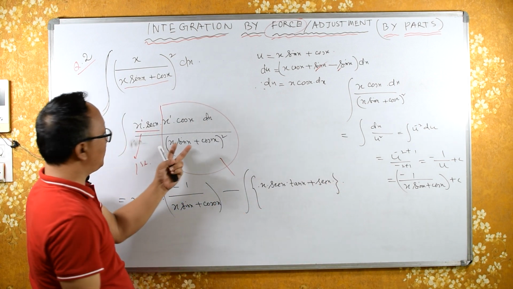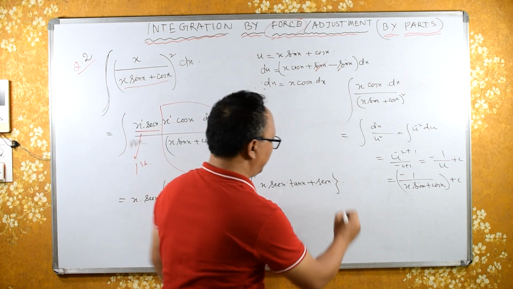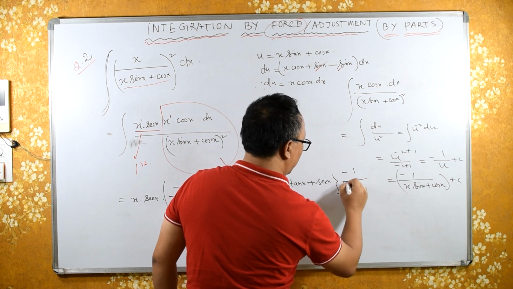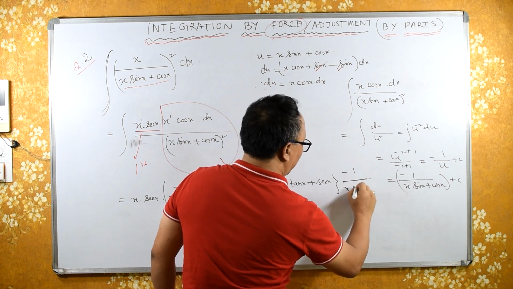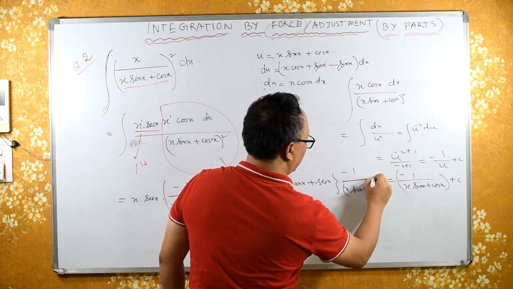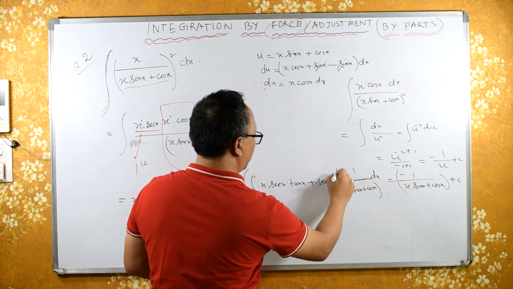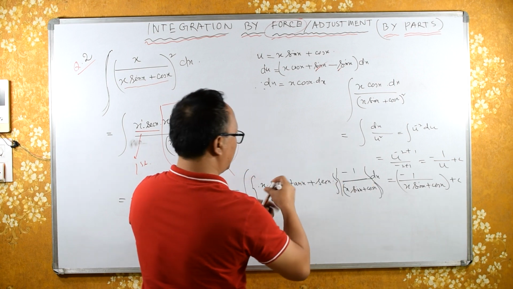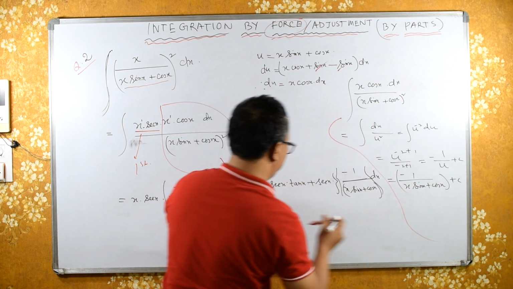And then integration of the second term. Integration of the second term is what we have? Minus 1 upon x sin of x plus cos x, dx. Okay, this is our term.